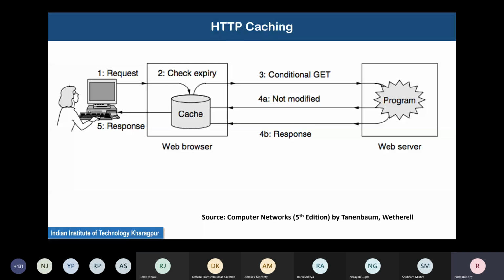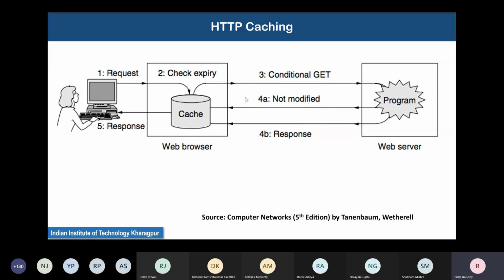Okay, first of all, let's see this caching thing. So it checks for the expiry of the page. If it is still not expired, it gets the response. It can do a conditional get. For example, it will send a get with a particular field saying, please send me back the web page only if you have modified it.